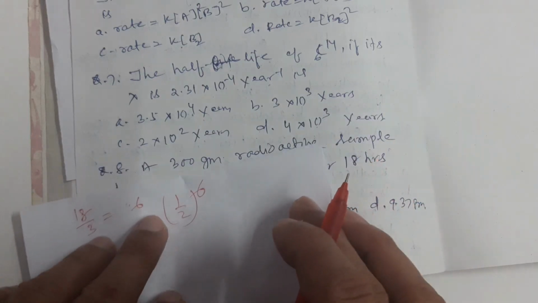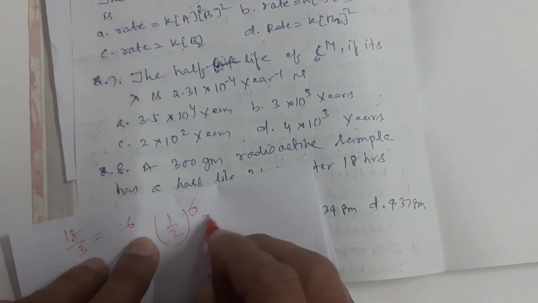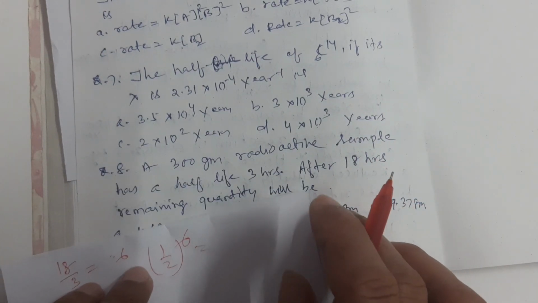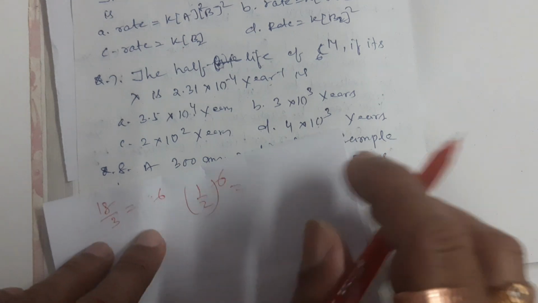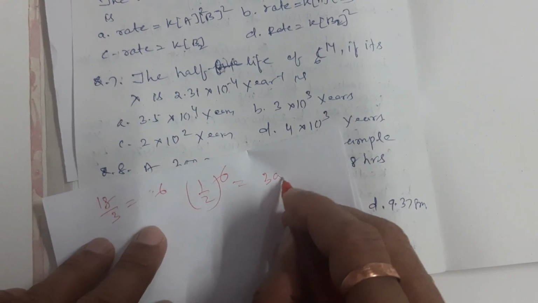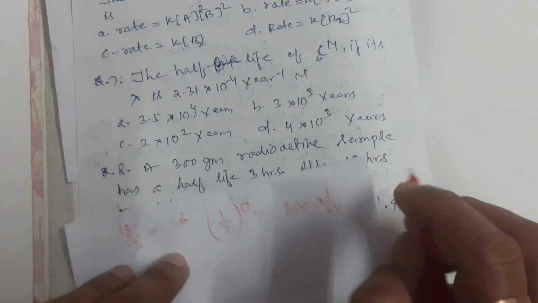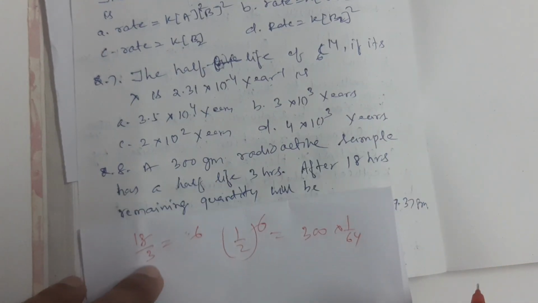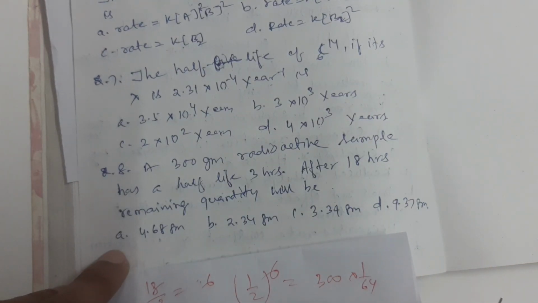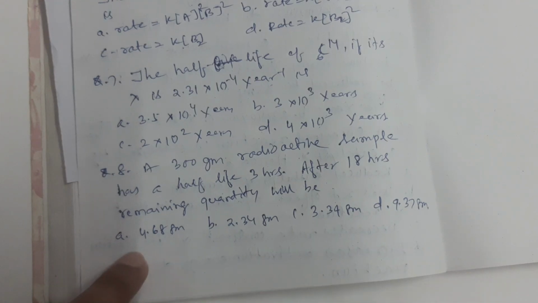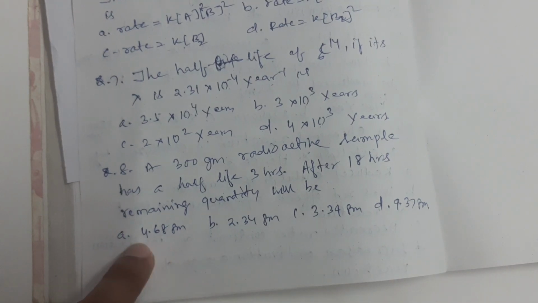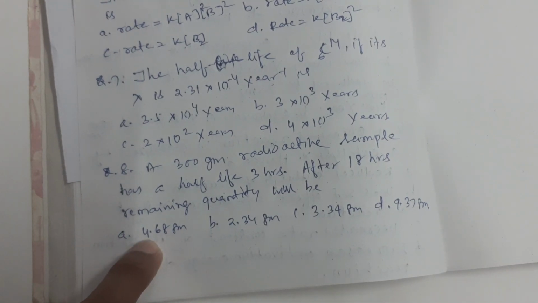That is 300 multiplied by 1 by 64. So 4.68 grams will remain. So choice A is the correct answer.